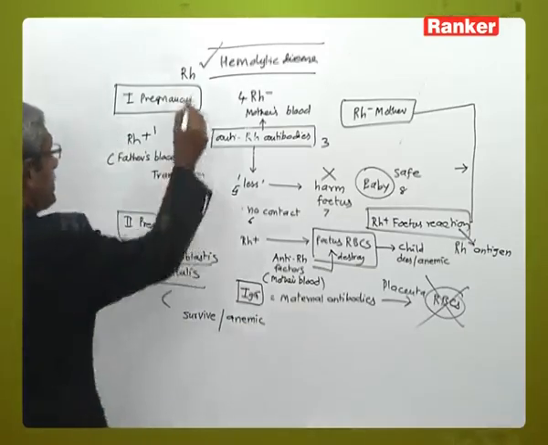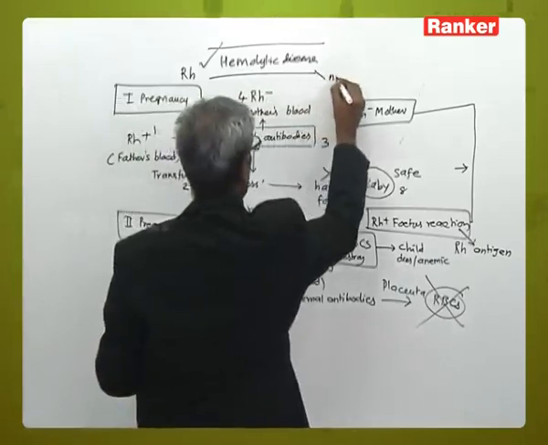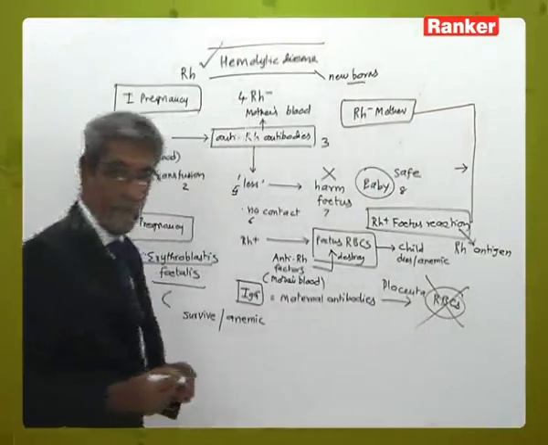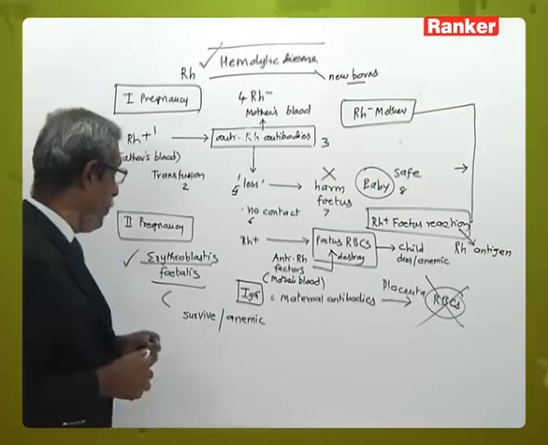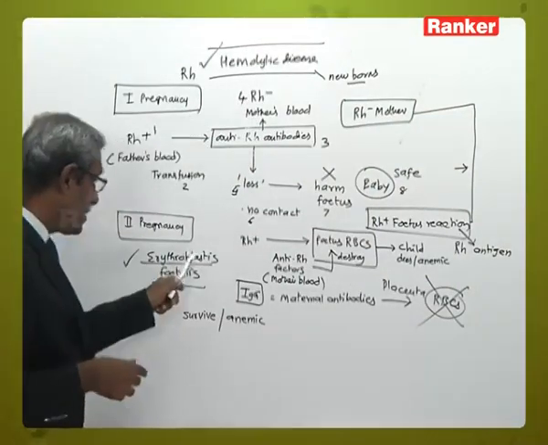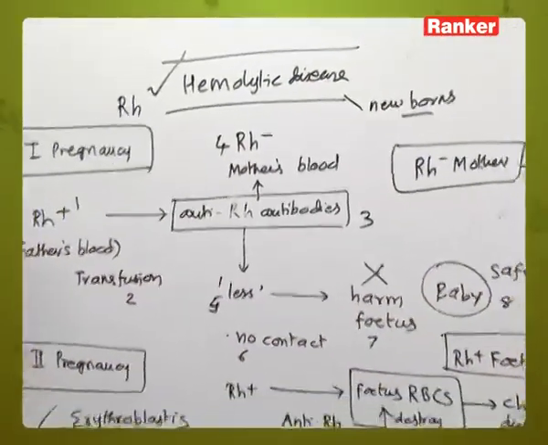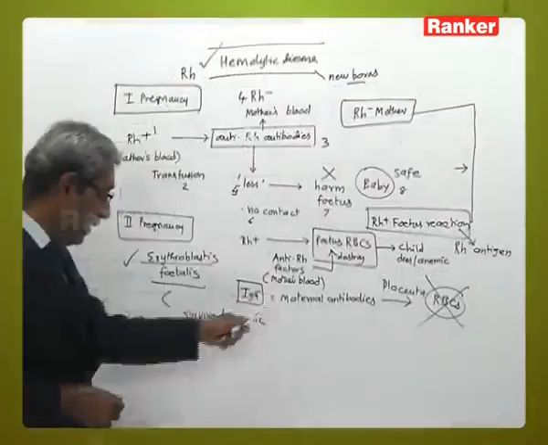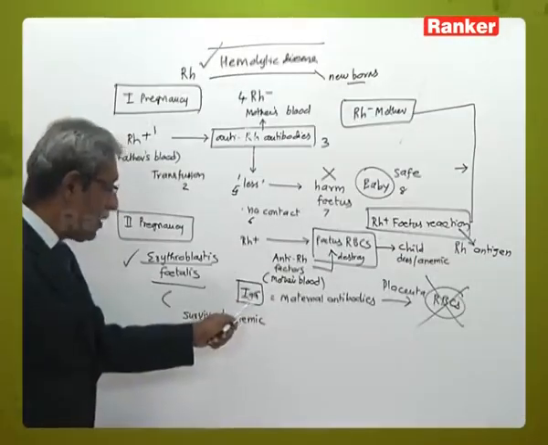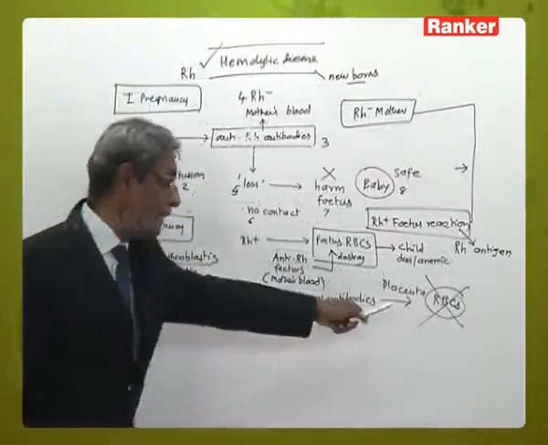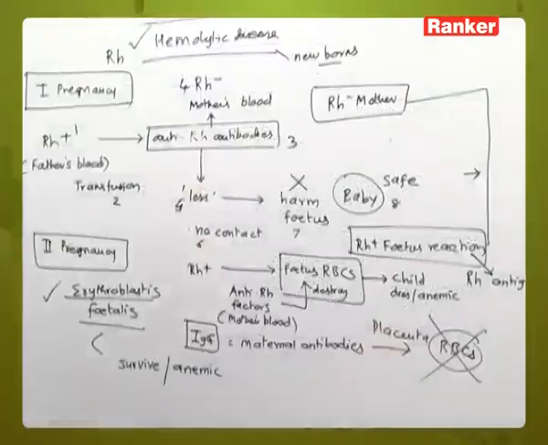This is termed as hemolytic disease of the newborn. So erythroblastosis fetalis, a hemolytic disease, is related primarily to the second pregnancy, when the maternal antibodies enter through the placenta and destroy the red blood corpuscles of the baby.